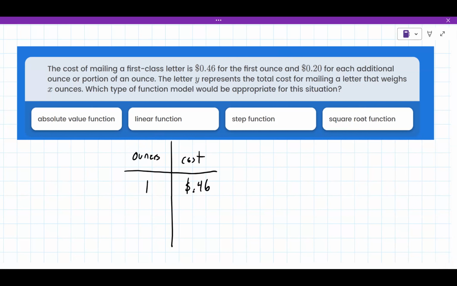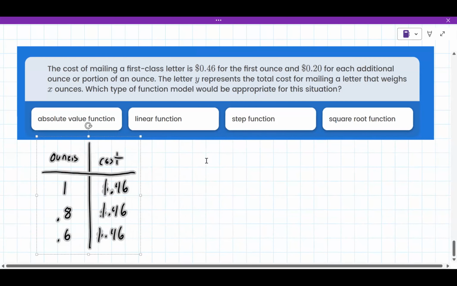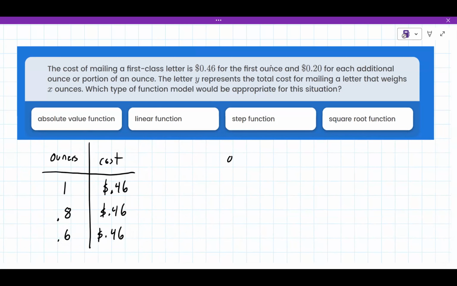Now, this is what I think is unclear. Let's say it weighs 0.8 ounces. That is also 46 cents. Let's say it weighs 0.6 ounces. That is also 46 cents. Now you just mentioned it, but what happens the moment that it's more than 1 ounce? What happens to the cost?